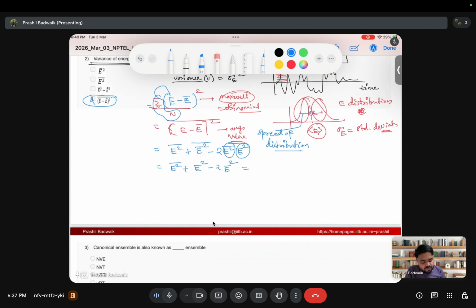Upon solving, you are going to get e square average minus e average whole square. So option C is also there. Both option C and D are correct.